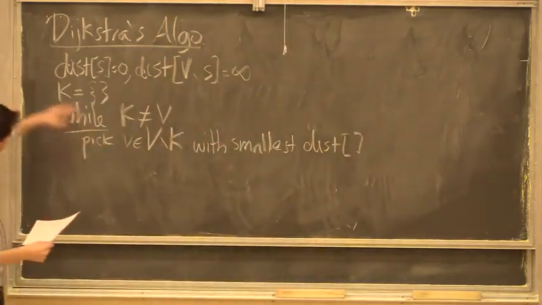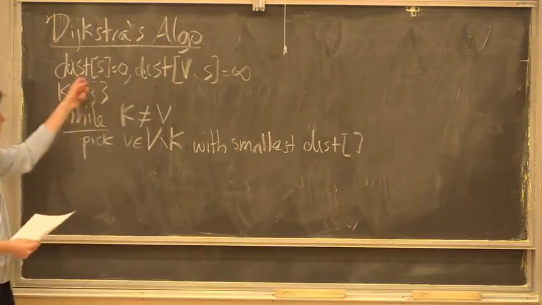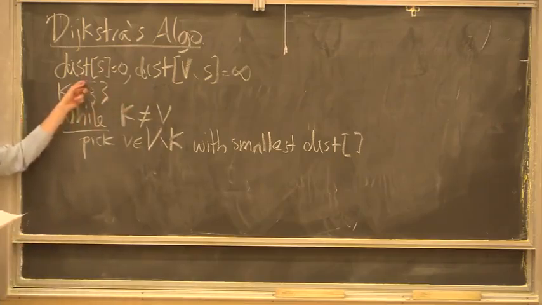Notice that the first time that we are running this algorithm, all of the estimates are infinity, so we'll definitely pick S, because 0 is less than infinity.